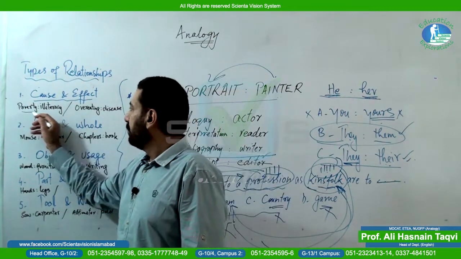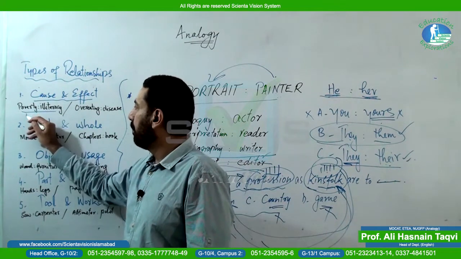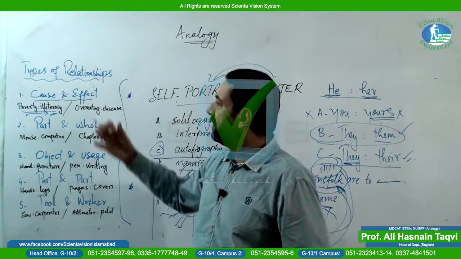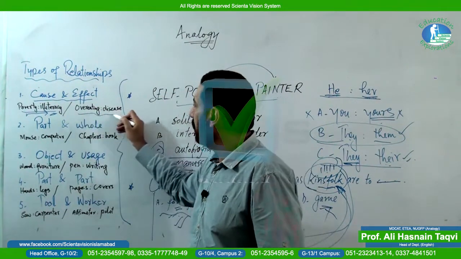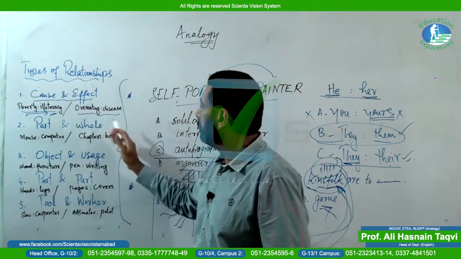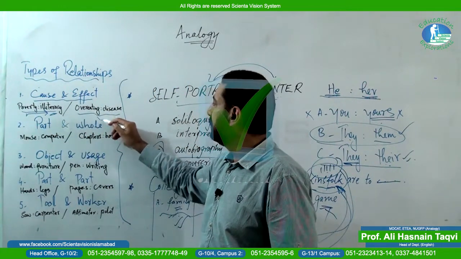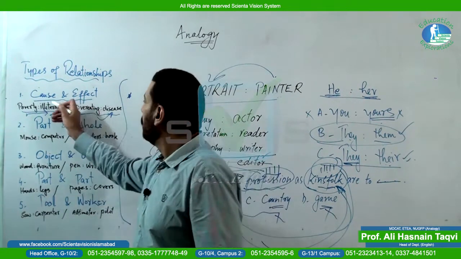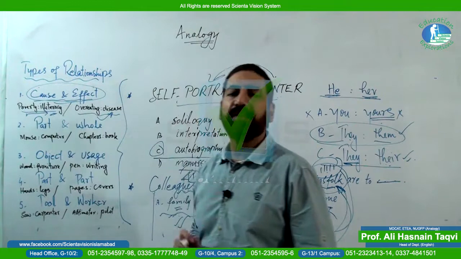I have given you an example here. Poverty causes illiteracy. So this very sentence, if you have another option of this kind, you use the same fashion from left to right. Overeating causes disease. So this combination was based on this relationship, cause and effect.